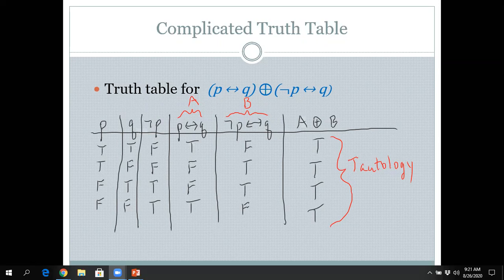So for the last column, only either A or B has to be true for it to be true. Yes, if they were both false, it would be false. And if they were both true, it would be false. For the exclusive or, what you're saying is, look, you either do this or you do that, but not both, right? Okay, that's what would have to happen in order for it to be true. Okay? Are we good to go on that?